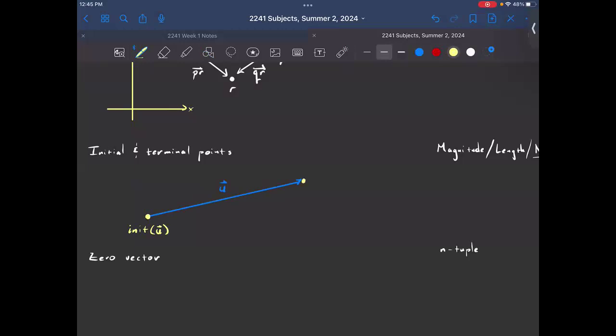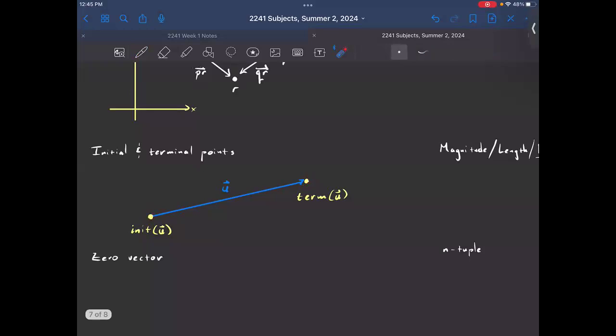And then the point where the arrow ends is the terminal point, and we'll call it term u. So for a vector visually, init is just where it starts, and term is where it ends. This is also sometimes called the head and the tail of the vector, or the tip and the tail. And sometimes you'll hear vector addition called the tip to tail method, or visually it's called that.